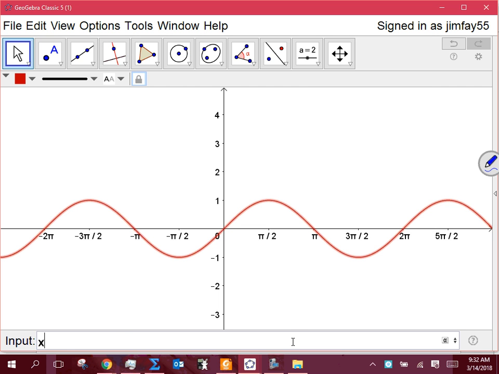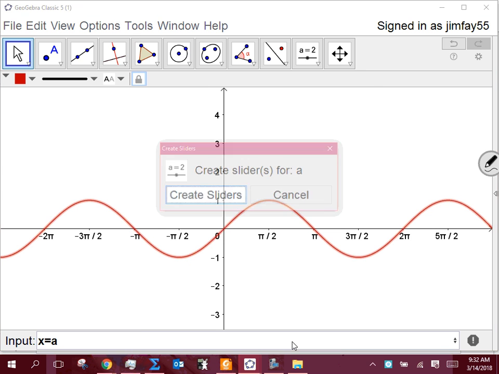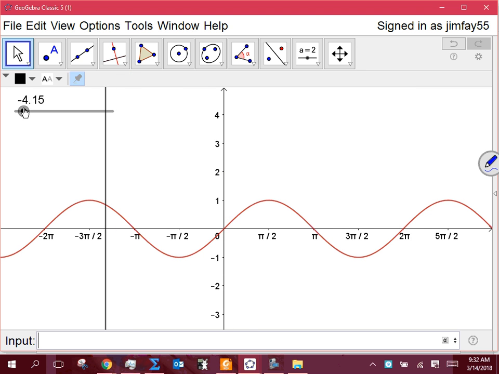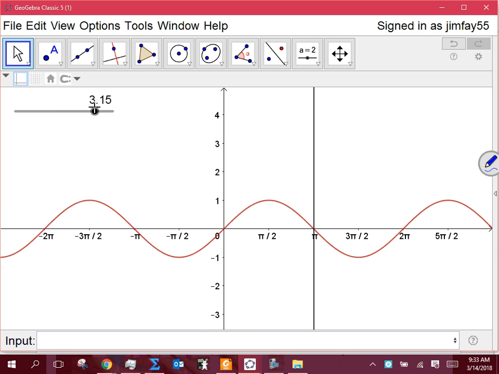If I ask to put in a vertical line, does this thing pass the vertical line test? Yes, and it has to because we're calling it the sine function.